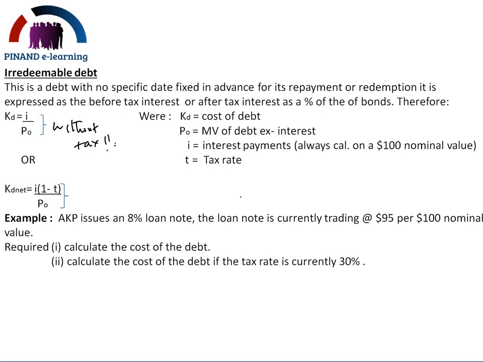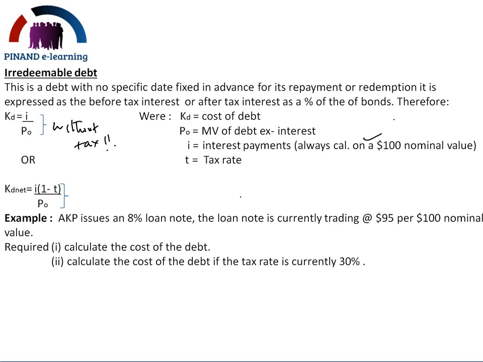Now the I is the interest payment, always calculated on $100 nominal value. T is the tax rate that is given in the question. Now I need to emphasize the I here. The I is not the interest rate. Now what is this I?